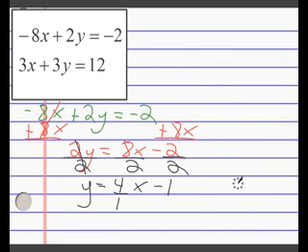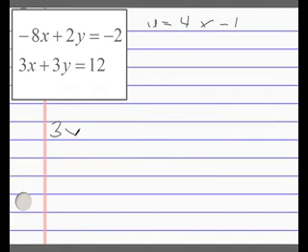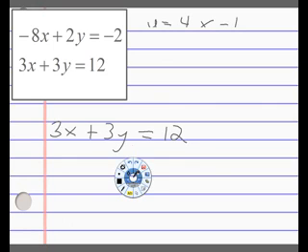So that is my first equation rewritten in a way so that, hey, I can graph that. We have 3x plus 3y equals 12. So I'm going to start with my x's, do the opposite of positive 3x, and do minus 3x on both sides.